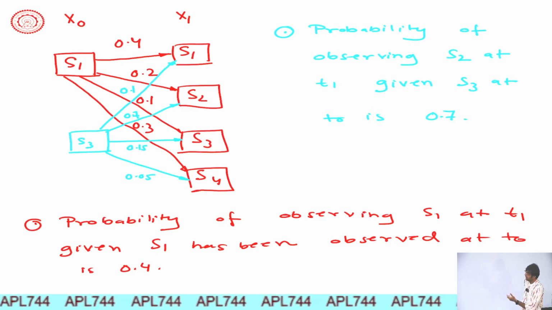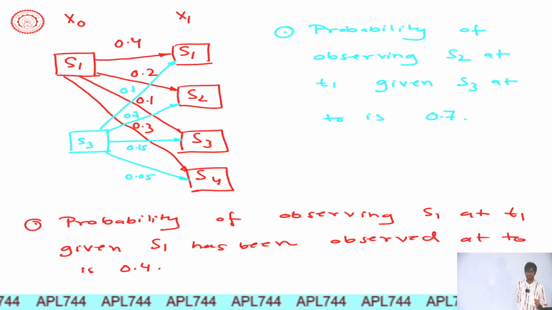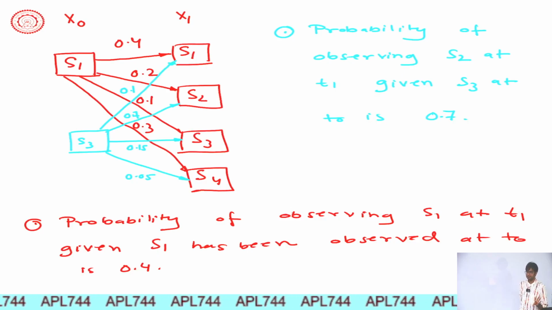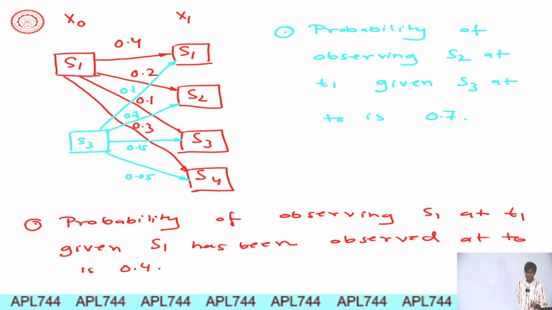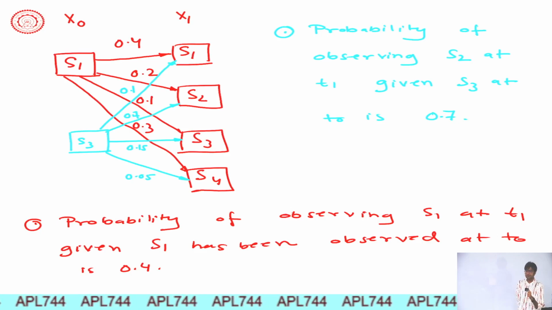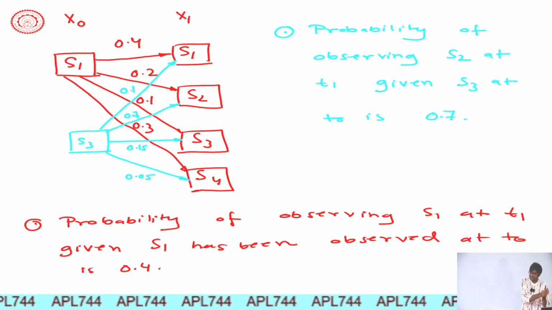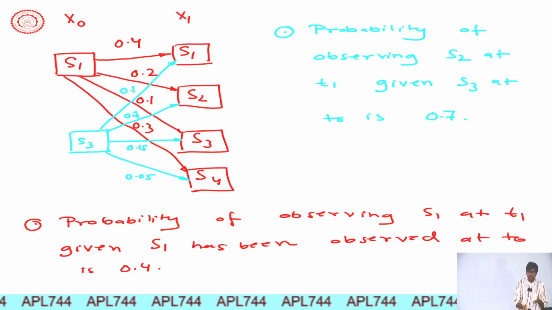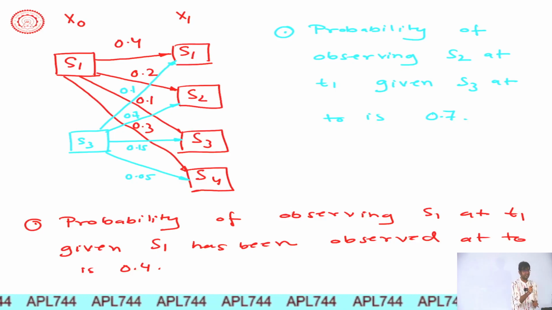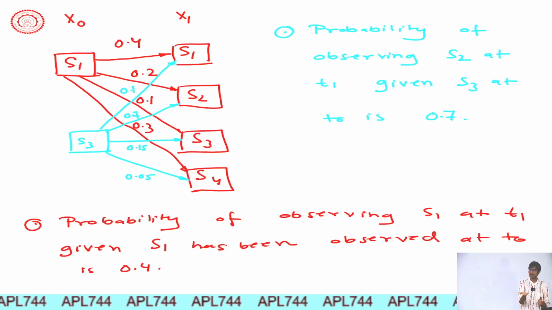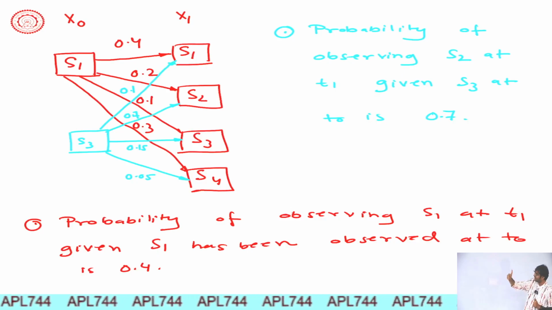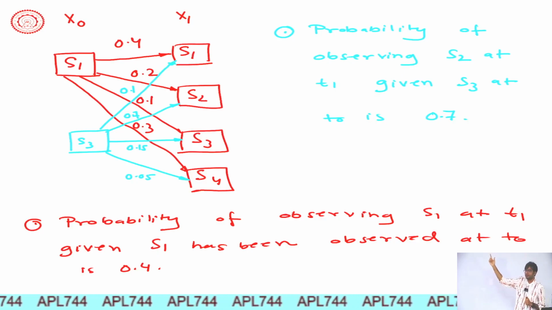Now, what are these numbers denoting? Probability, but what probability? Definitely they are denoting the conditional probability, but they have a name. This is also known as the transition probability, because this is giving you the probability of transitioning from a state to another state. It is with 0.7 probability that you will transition from S3 at T0 to S2 at T1.